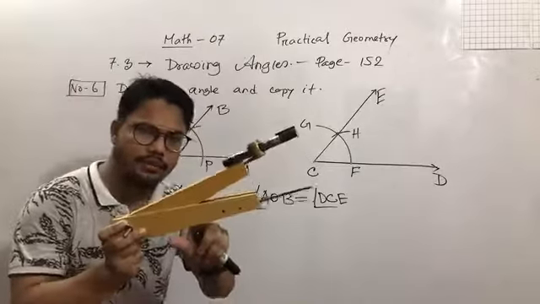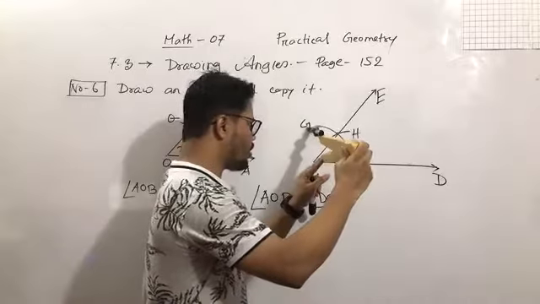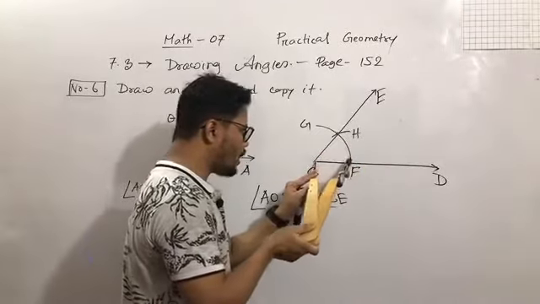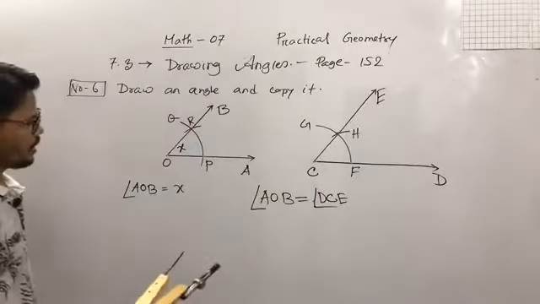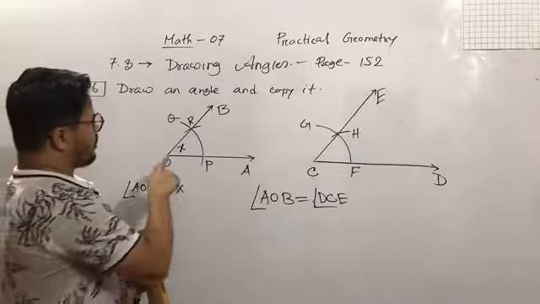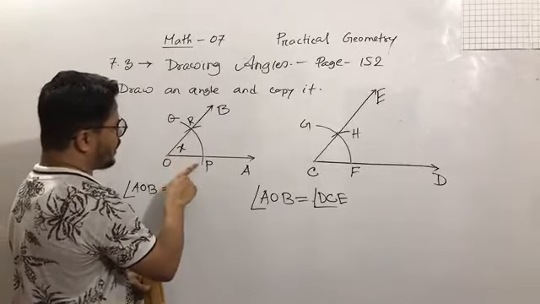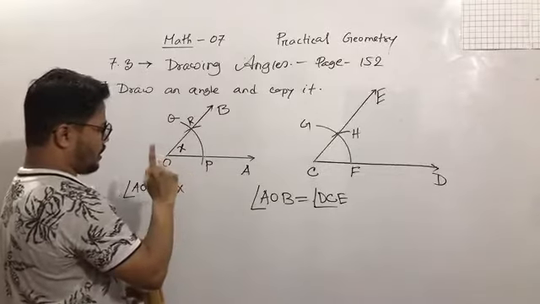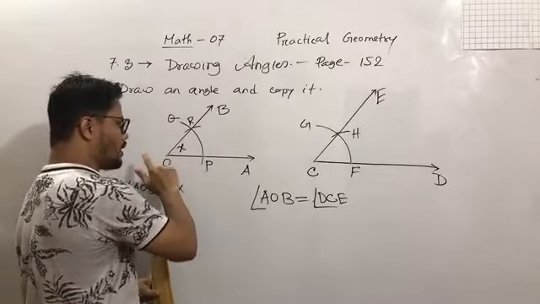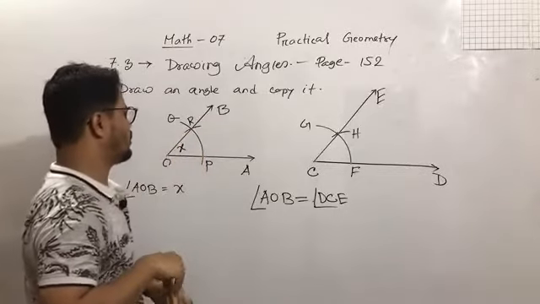Taking the same radius, placing the pointer at C, draw arc GF on CD. Step 2: the arc PQ intersects OB at the point R.